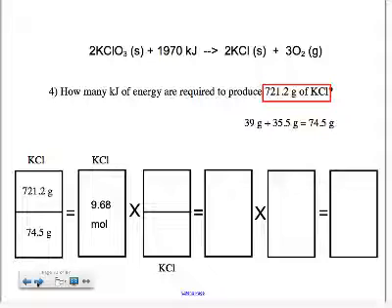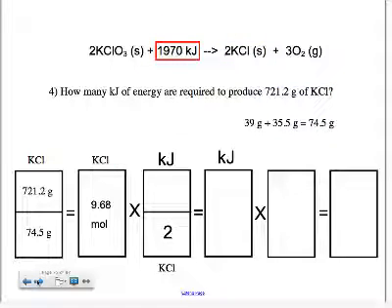Now here's where it's going to be a little bit different, because with kilojoules, we're not talking in terms of moles, but the number of kilojoules in the equation can be treated as a coefficient. Actually, sorry, potassium chloride is my known, so that coefficient is 2, and that goes in the bottom. On the top goes kilojoules, and the kilojoules is 1970.